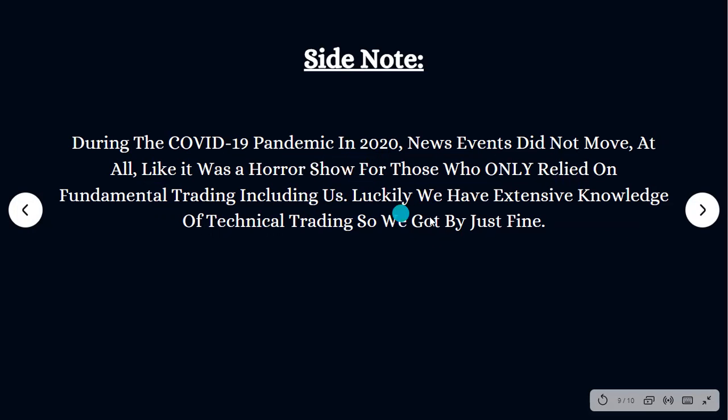Luckily, we have extensive knowledge of technical trading, so we got by just fine. So for those making a decision on what to do, remember, we hope COVID is over. We hope something like this never happens again. But if it does, know that news events won't move. So if you only know fundamental trading, it's not a good idea. It's advised to know both.